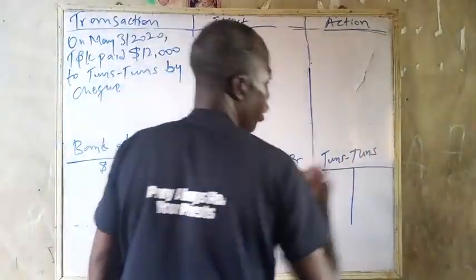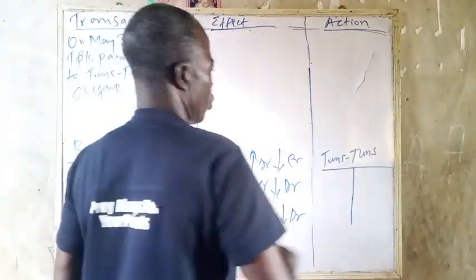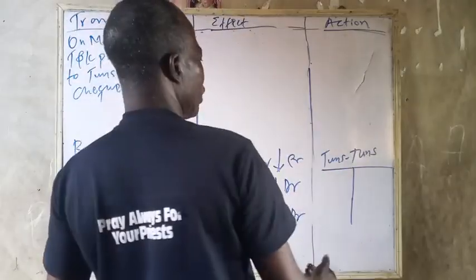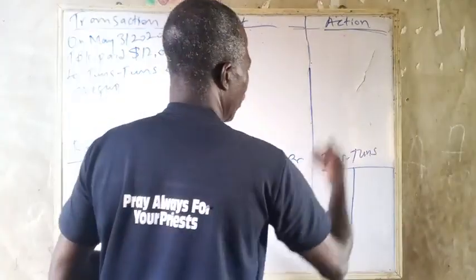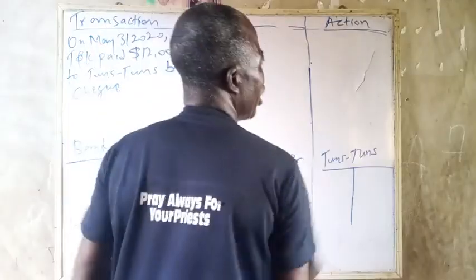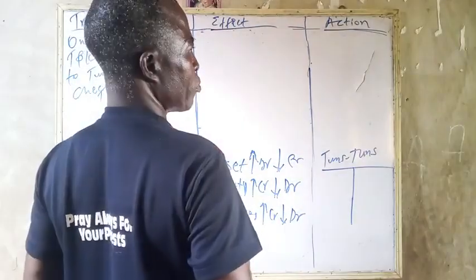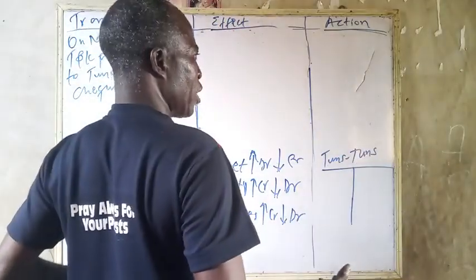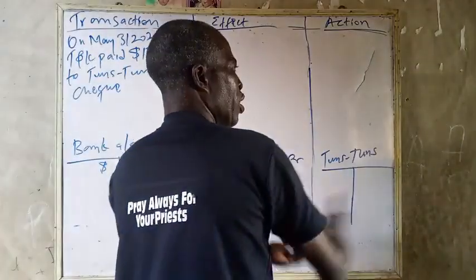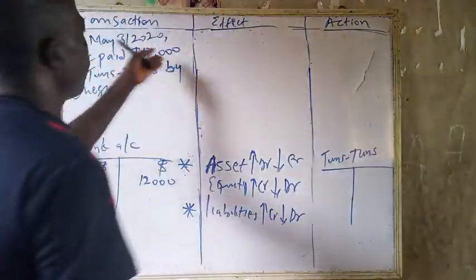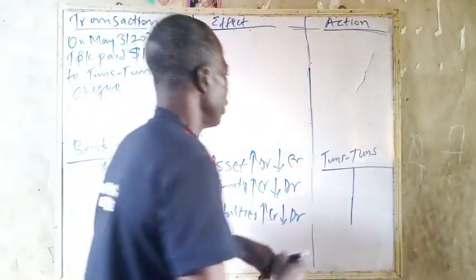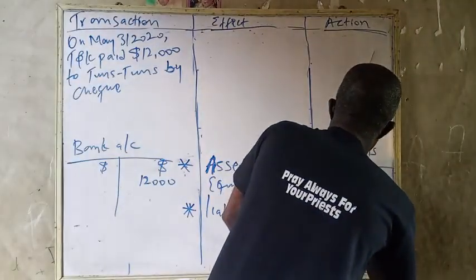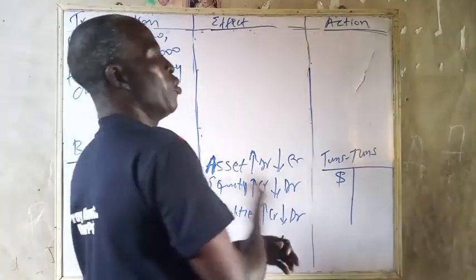Toonstones, T&K was owing 15,000, but he returned 3,000. What is the amount that remains? From 3,000 reduced to what? To 12,000. Is he reducing more? That 12,000 now is being reduced, to $0.